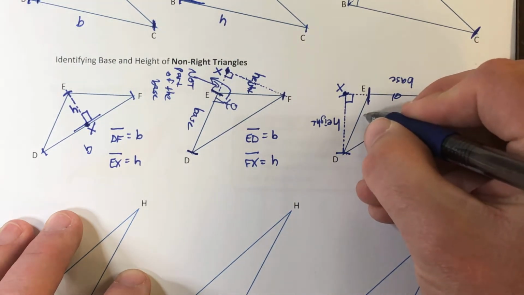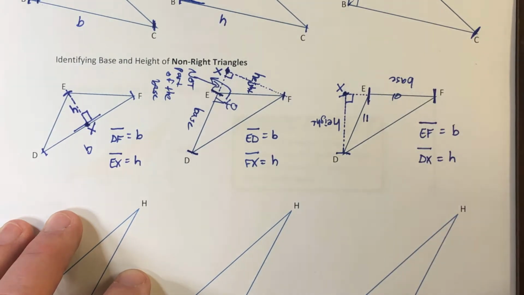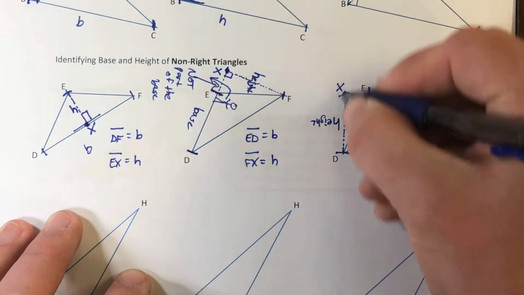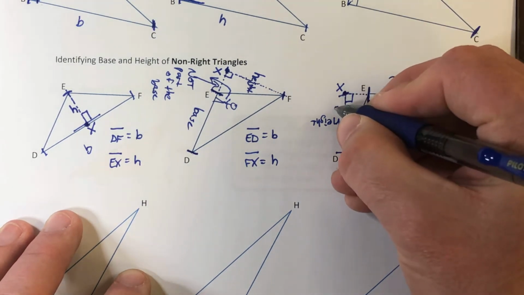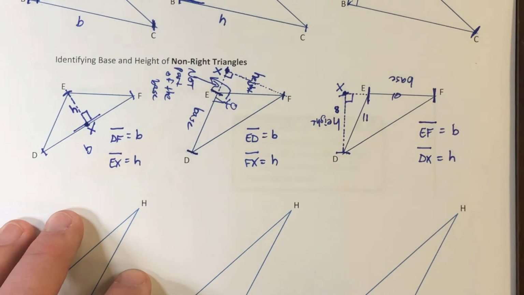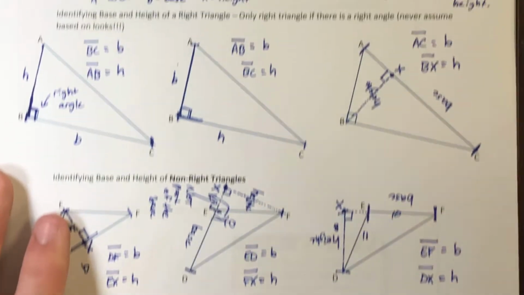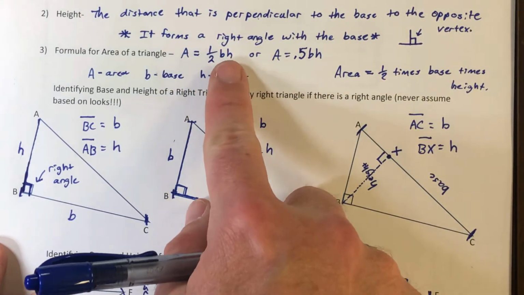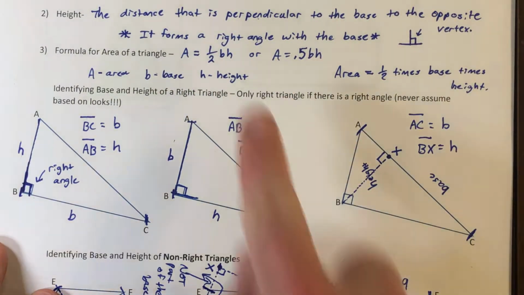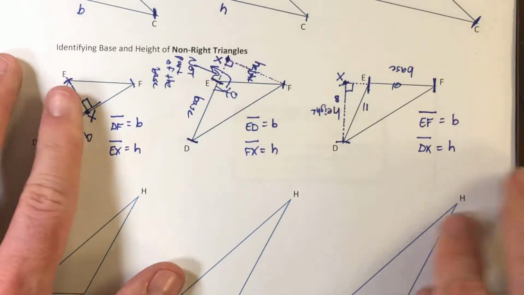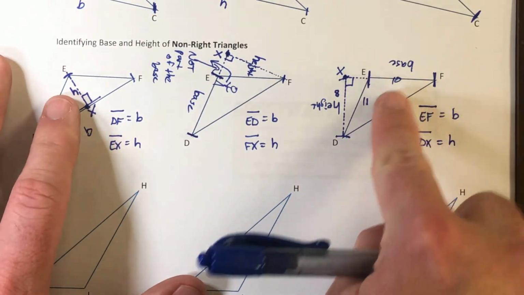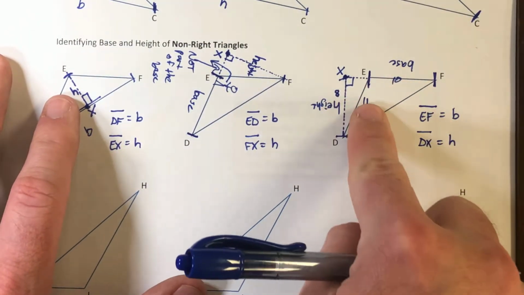Let's say this number is 11, and it gives you this number right here, which is, I don't know, let's just pretend it's 8. These are just made up numbers. Well, which numbers would you use? Well, for my formula, I need a base and a height to find the area, right? Well, would I use 10 and 11 or 10 and 8 or 11 and 8?